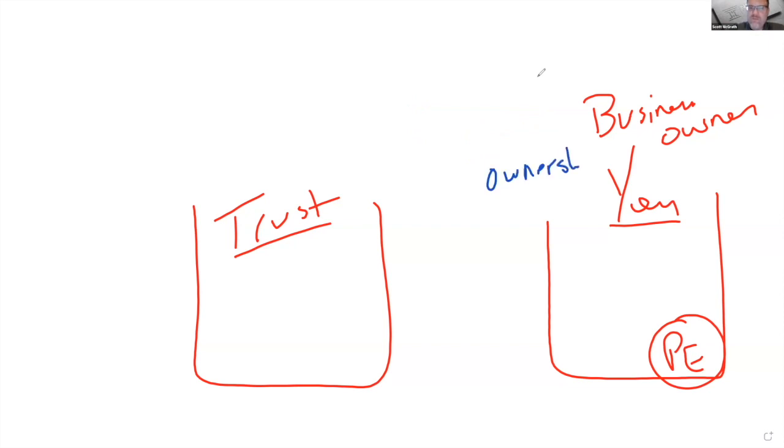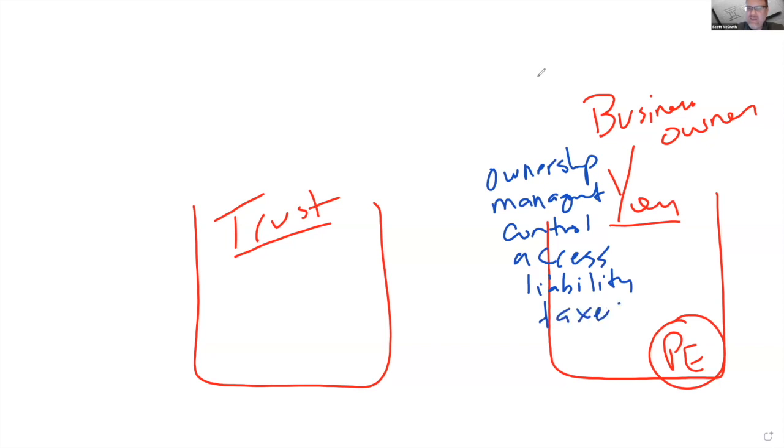Okay. So ownership, I'm going to put the word management. Okay. Ownership, management, control. I'm going to put the word access. I'm going to put liability. I'm going to put taxes. And I'm going to put lawsuits.